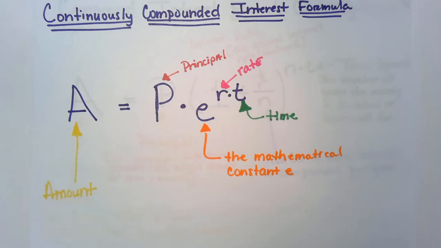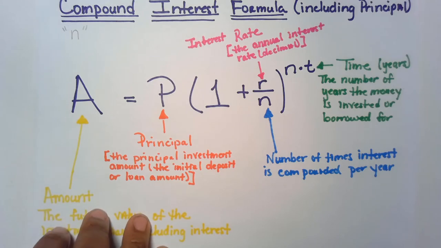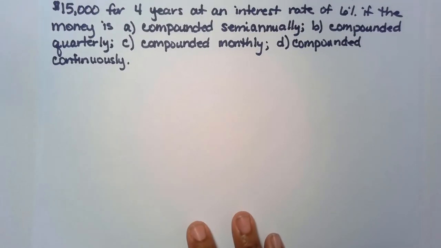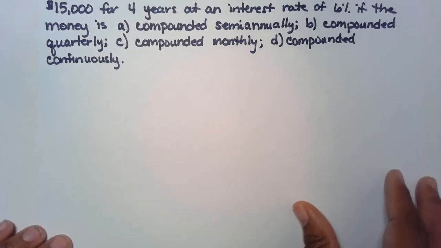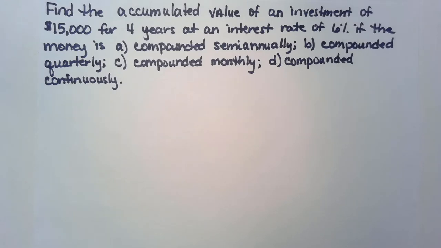All right, so let's do the first example. It's noted here. Find the accumulated value of an investment of $15,000 for 4 years at an interest rate of 6%.